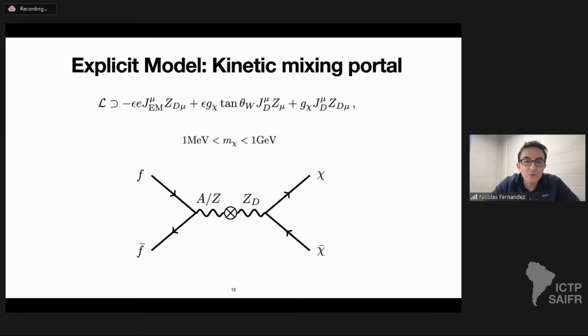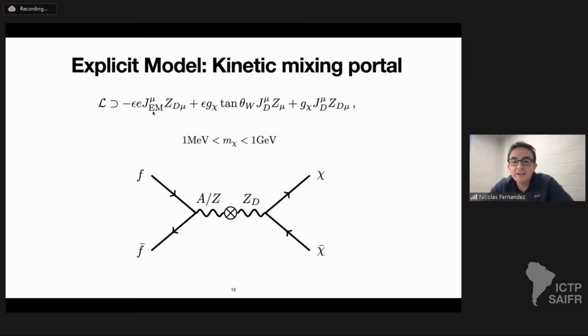To give you an idea of how to read the Lagrangian, or what the important parameters are here, I'm going to think about this mass range.